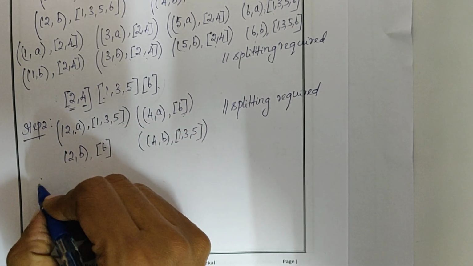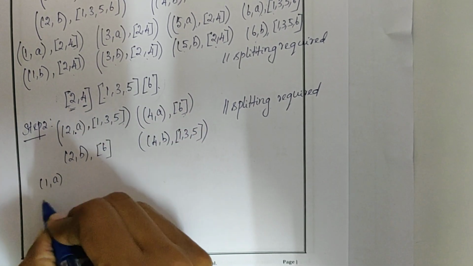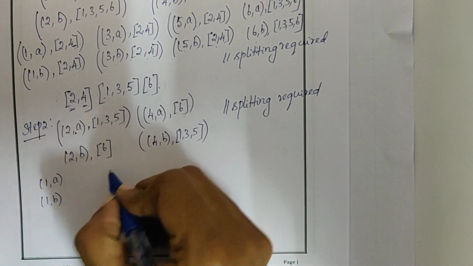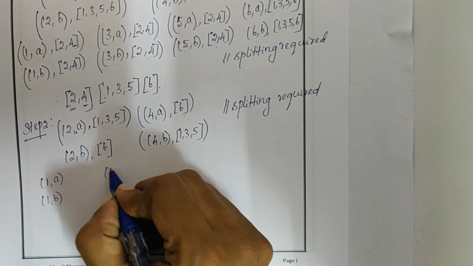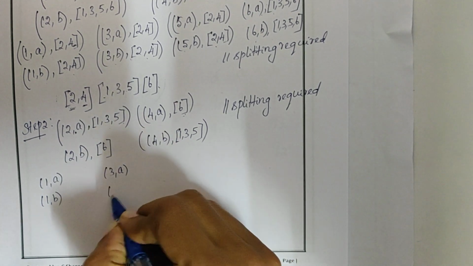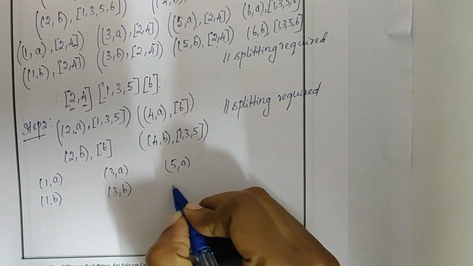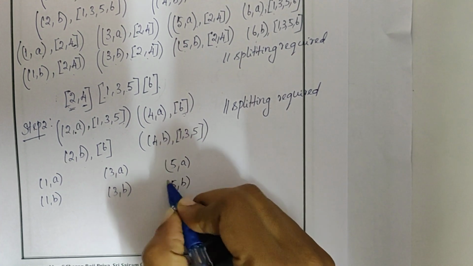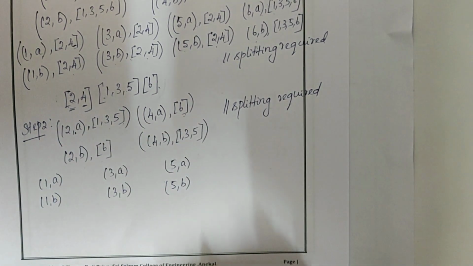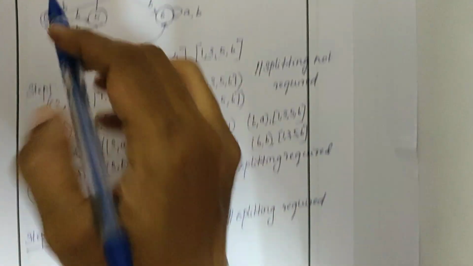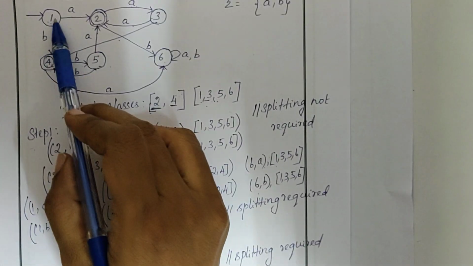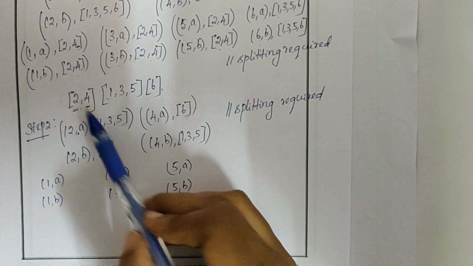So I'll write 1 comma A, 1 comma B. Similarly 3 comma A, 3 comma B. Next 5 comma A, 5 comma B. Okay, I'll check. 1 comma A. 1, when it takes A input, is moving to 2. 2 belongs to which class? 2 comma 4.